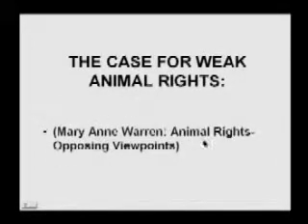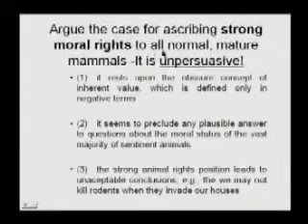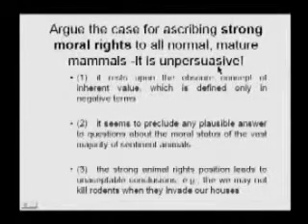So Marianne Warren, from Animal Rights: Opposing Viewpoints, puts this case to our attention. Arguments for ascribing strong moral rights to all normal, mature mammals are unpersuasive. So this is the stand taken by the author.